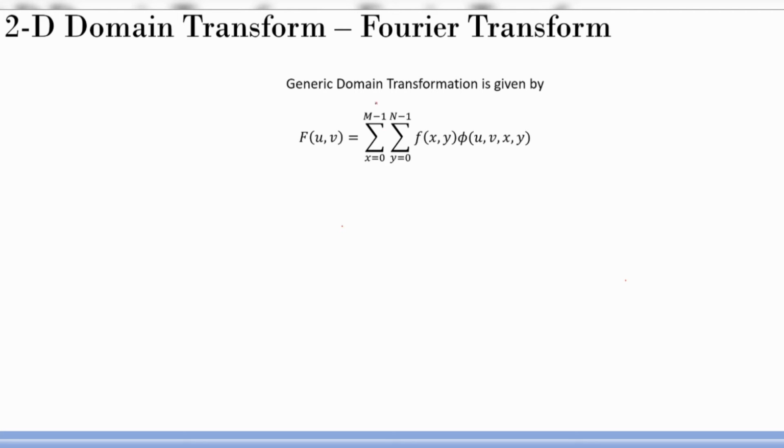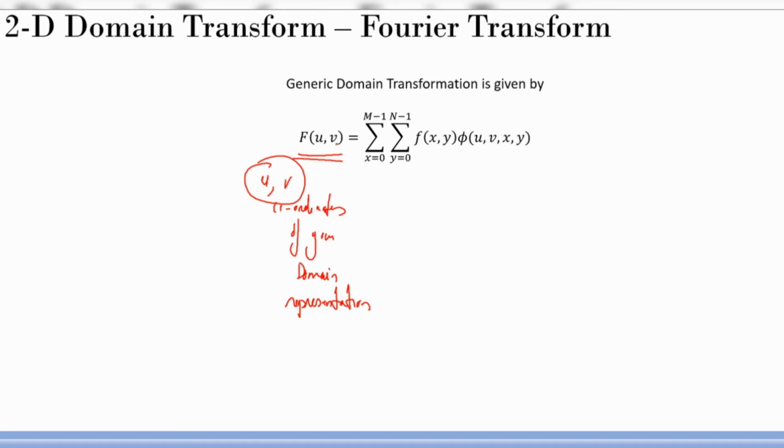In this case the domain transform is F of u,v. u and v are the coordinates of your domain representation, just like x and y. They can take values as defined by you. You define the mesh grid size for u and v, and basically this equation has to be repeated for each u and v.